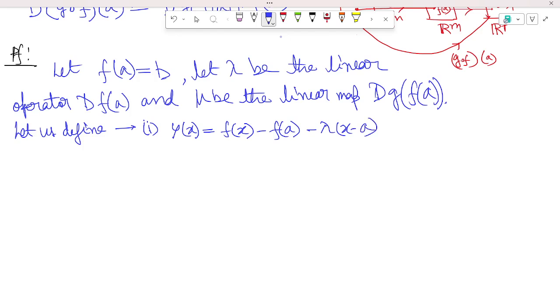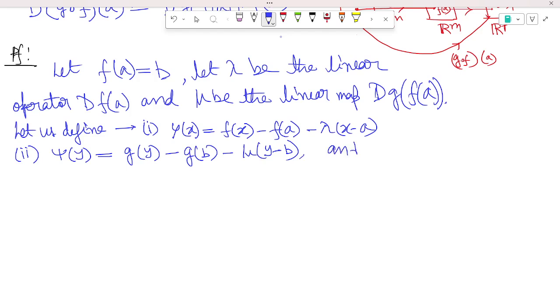Lambda is a linear transformation, so the value of lambda at x minus a. Two, psi(y) is g(y) minus g(b) minus mu(y minus b).